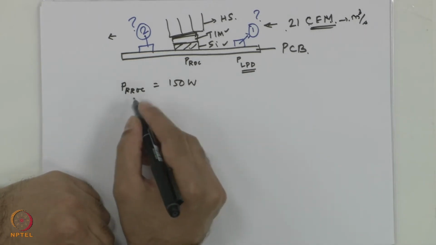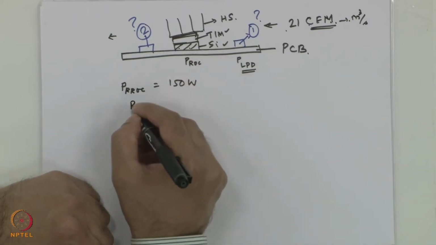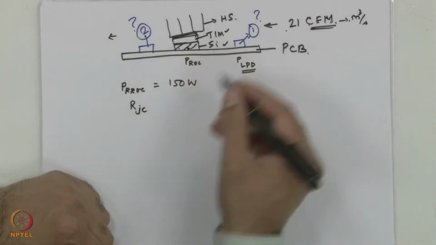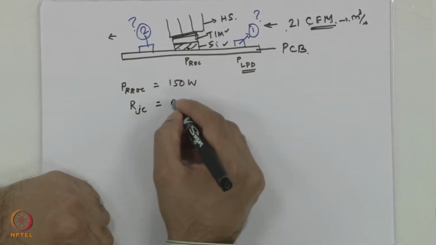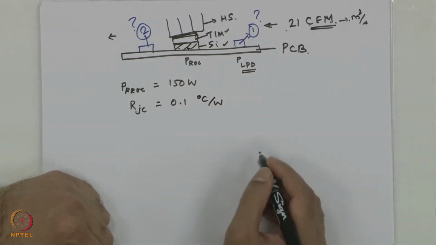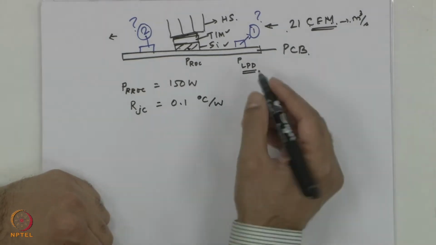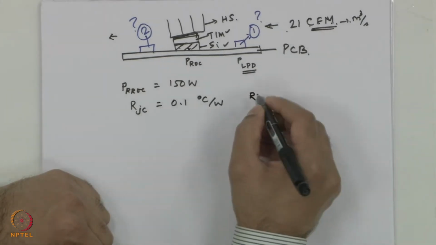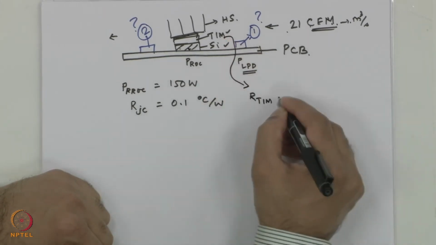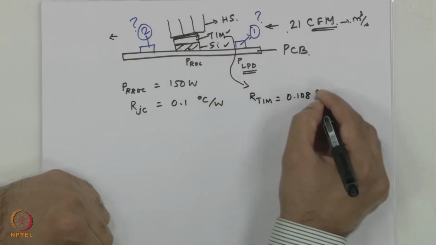And the processor dissipates 150 watts and it has a junction to case, that is from here to here, resistance of about 0.1 degree C per watt. And the thermal interface material associated with the processor has a resistance of about 0.108 degree C per watt.